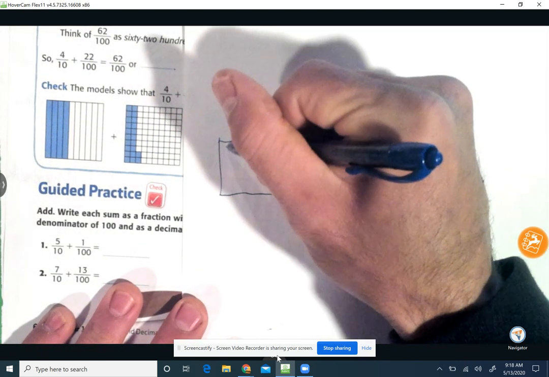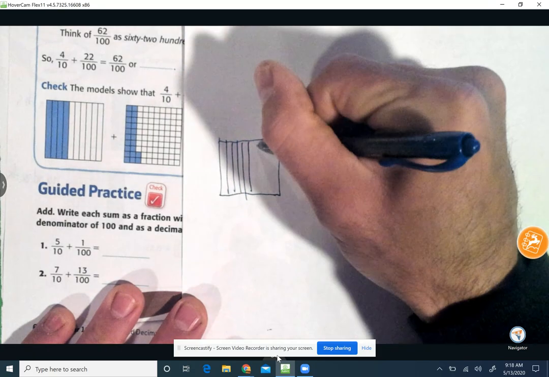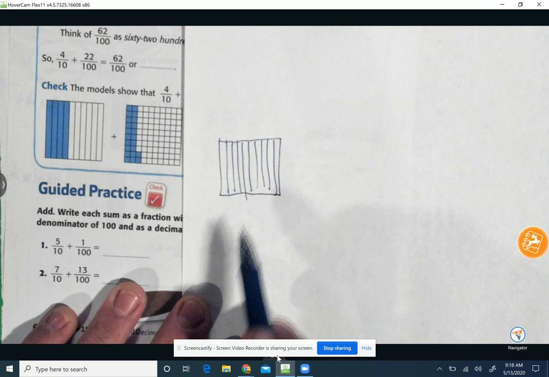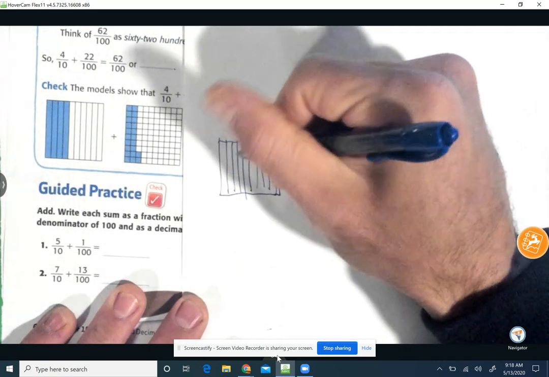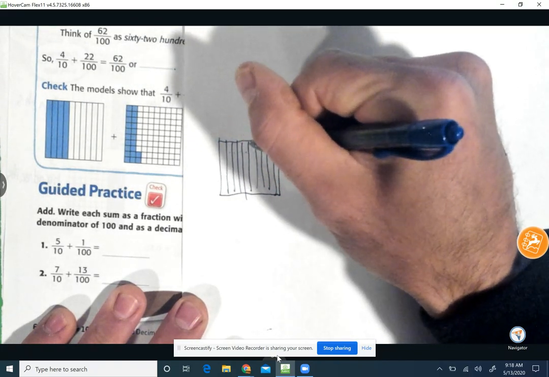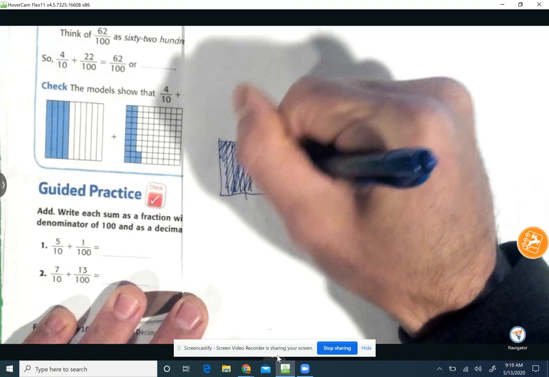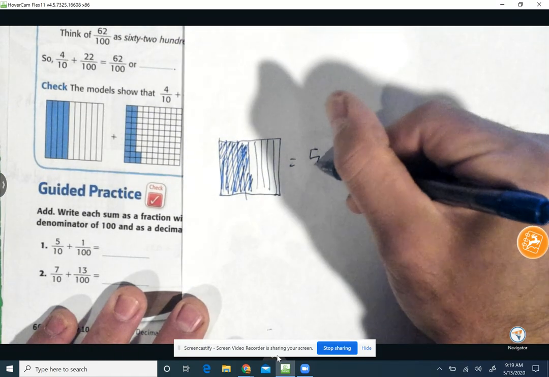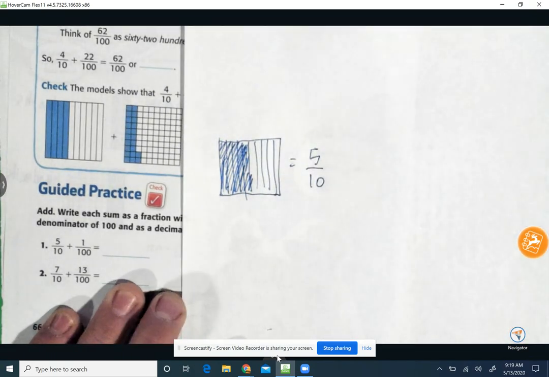Okay, so we have 1, 2, 3, 4, 5, 6, 7, 8, 9, 10 bars, and 5 of these out of 10 are highlighted. 1, 2, 3, 4, 5. We'll highlight those. Okay, so what that is equal to is 5/10, right? 5 out of the 10 bars are shaded.